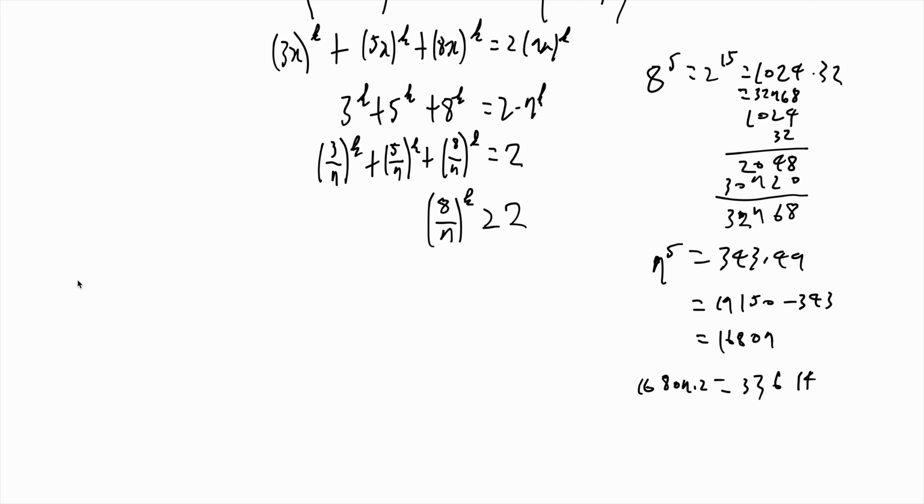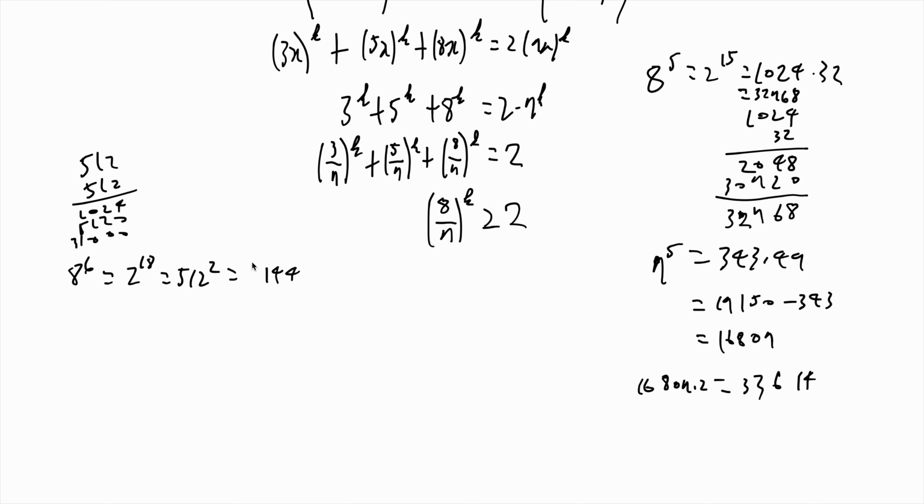Okay, so 8 to the power 6 equals 512 squared equals 6... wait, is it 3, 1? So we have 4, 4, 1. I hope this is right.